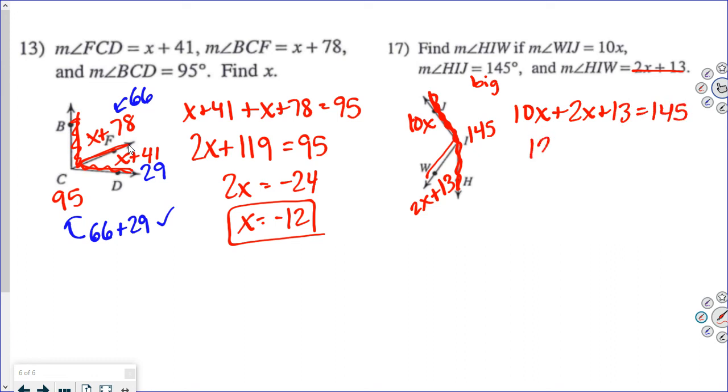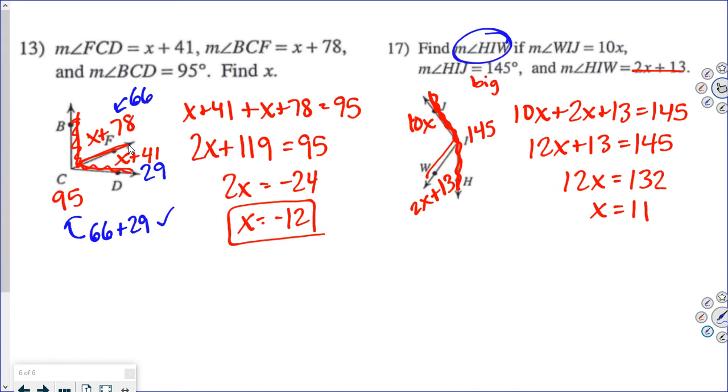Combine our like terms. Subtract the 13 out of there. When I do 145 minus 13, I get 132. And then when I divide, we get x equals 11. Now, again, just be mindful, it asks you for HIW. So then we would need to plug it in for x.